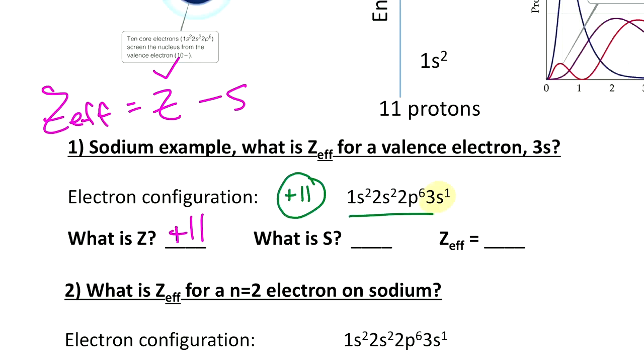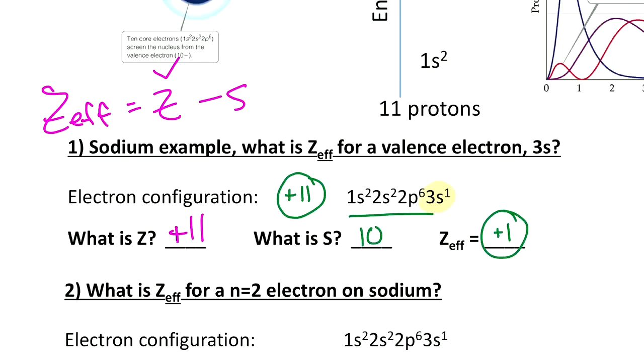So you tell me, how many people are sitting in front of you? 10, yep, 10. So our shielding for our valence electron on sodium is 10. So what is our Z effective for that valence electron? It is 1. What this means is that 3s electron only feels a positive 1 attraction to the nucleus. That's what that means, okay?